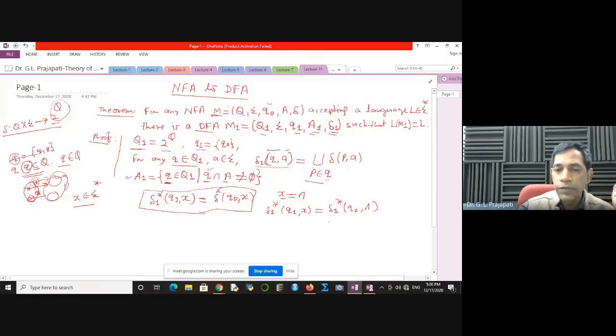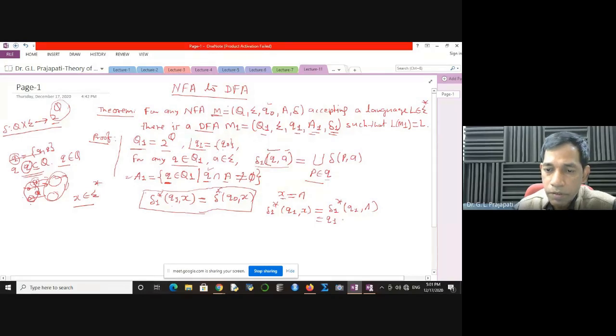By the definition of the DFA, if you are in any state and from that state you receive the null string, you will go to the same state. So the output of this is Q1, and we have assumed that Q1 is the initial state and equal to Q0.